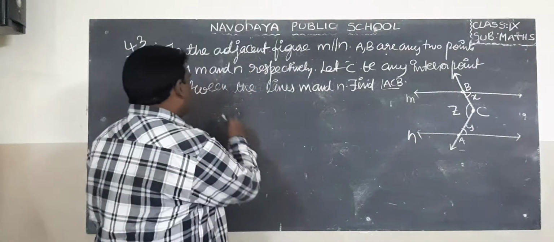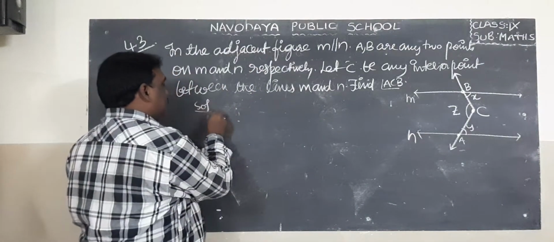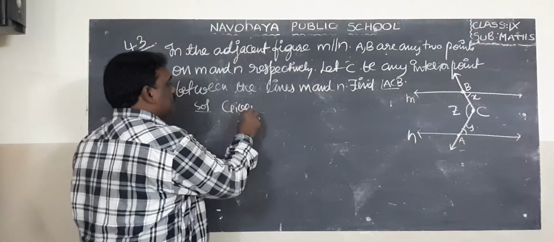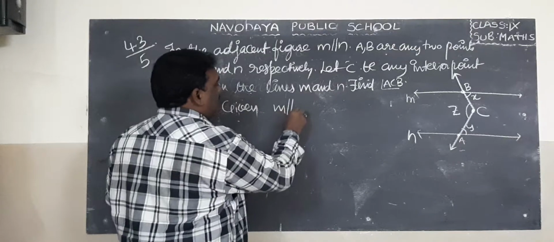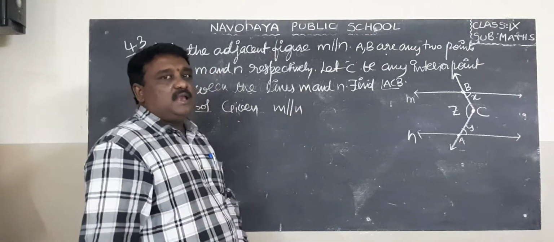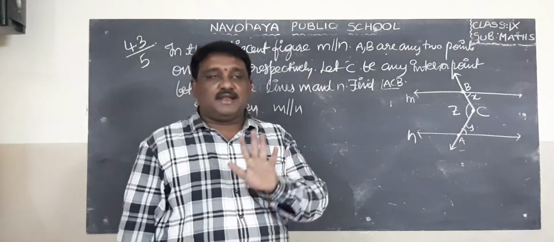Solution. Write down what is given first. Given: M parallel to N, small m parallel to small n.